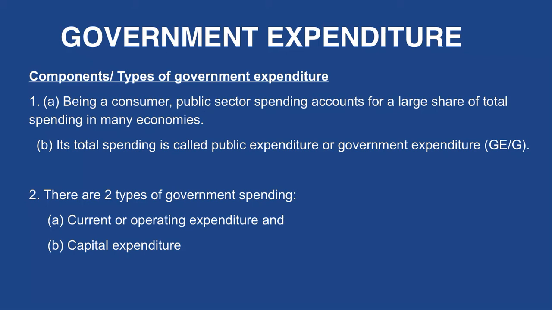Public sector expenditure accounts for a large share of total spending in many economies. Government is the largest consumer in many countries. Its total spending is called public expenditure or government expenditure. We can use the symbol GE, or commonly G, for government expenditure.